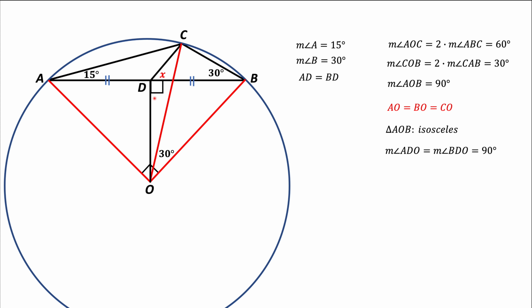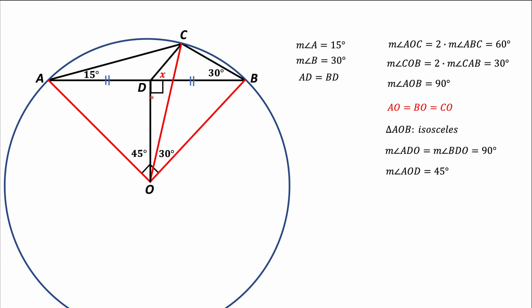It means that OD is at 90 degrees to AB. Also OD is going to be the bisector of the angle O, which means it's going to split this angle into two equal parts. The whole angle is 90 degrees, each part is 45. Part AOD is 45 and BOD is also 45.